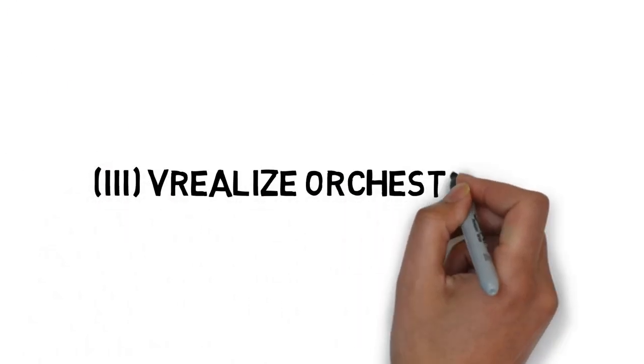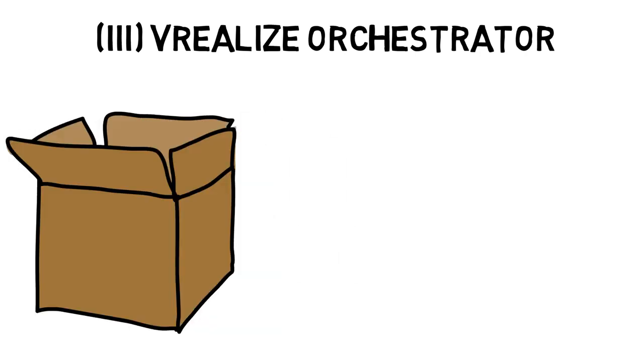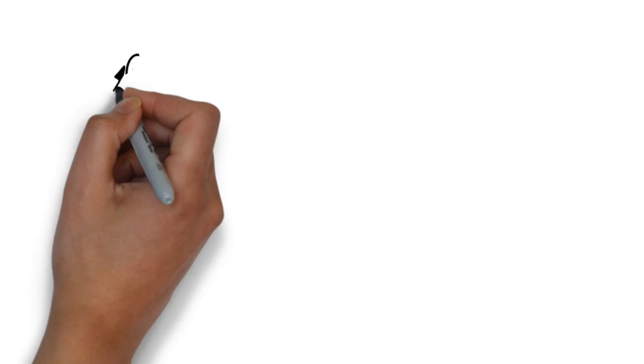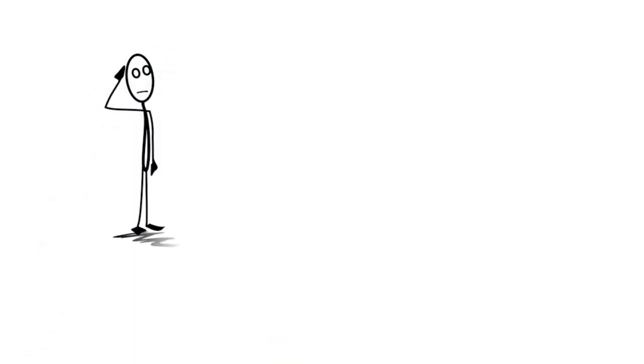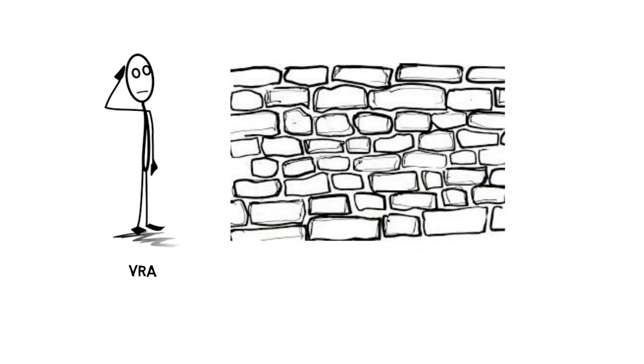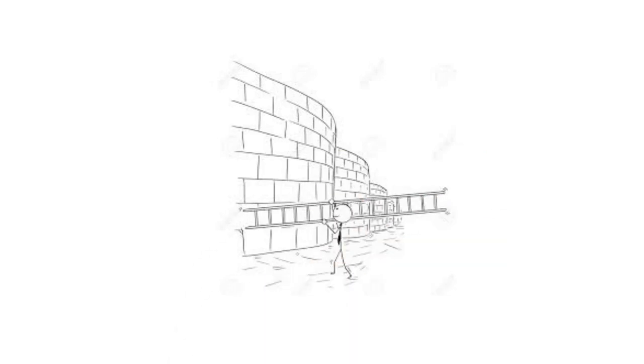Now the third component is the VRA orchestrator. VRA provides a lot of out-of-the-box features. Think of it as a very capable guy with a very long reach. He can perform his tasks very well, but in order to perform certain customized tasks, such as climbing a very high wall, he will require customized tools like a ladder.